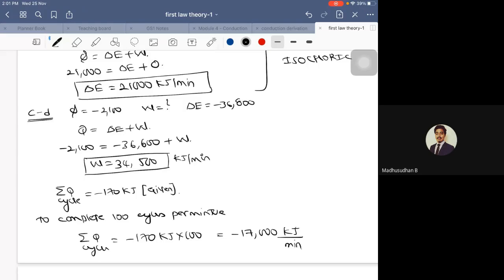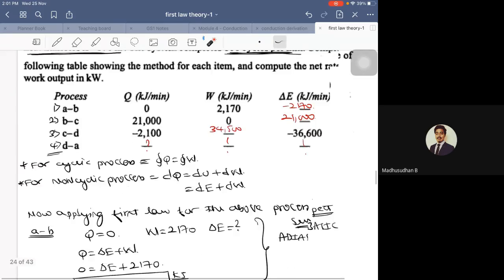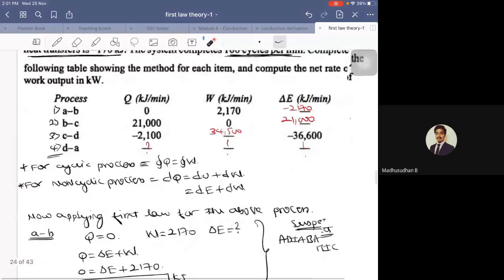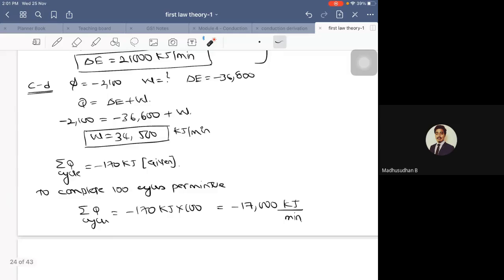Do not forget to multiply by 100 since the number of cycles is given as 100.